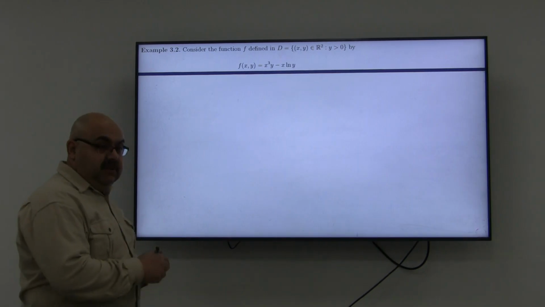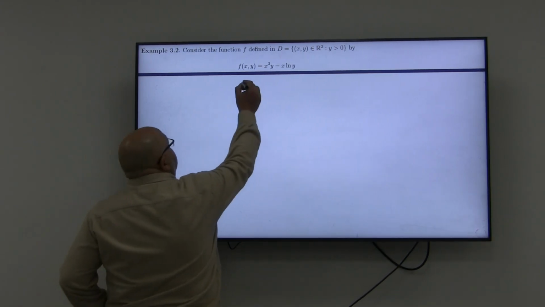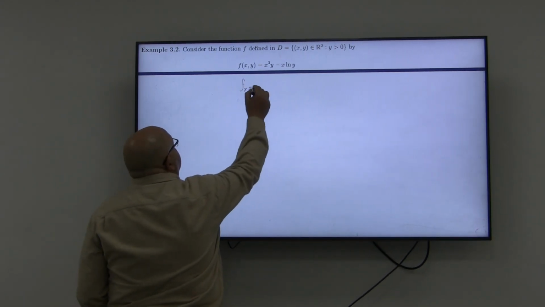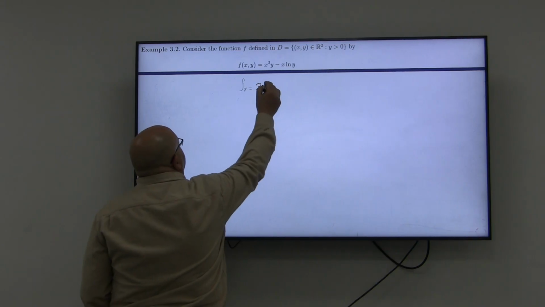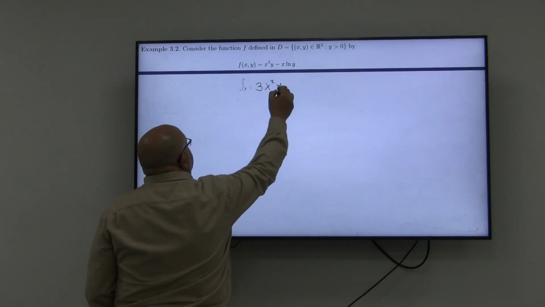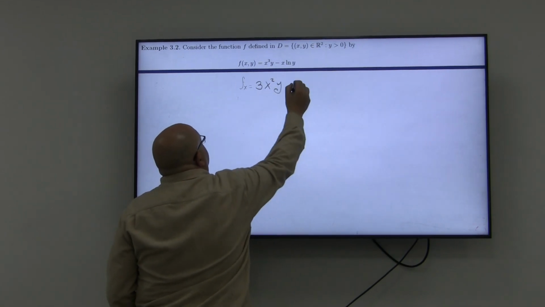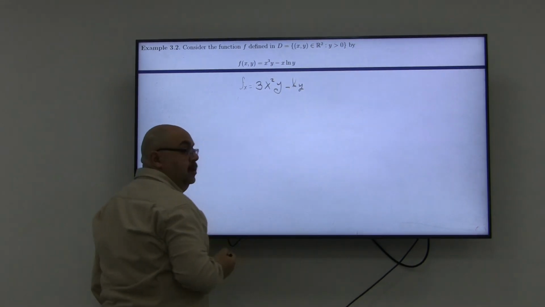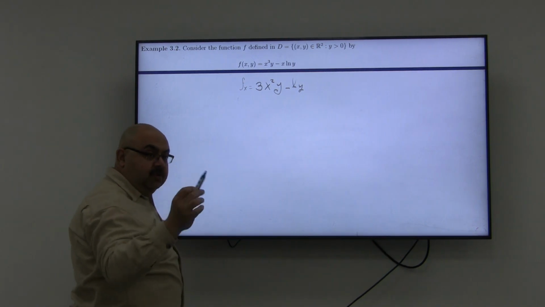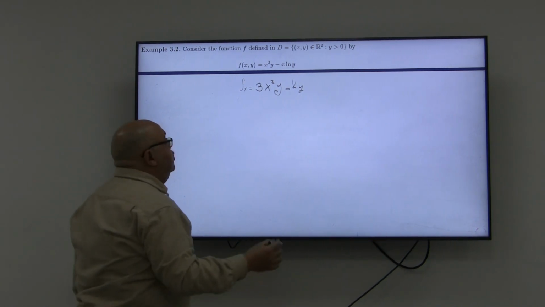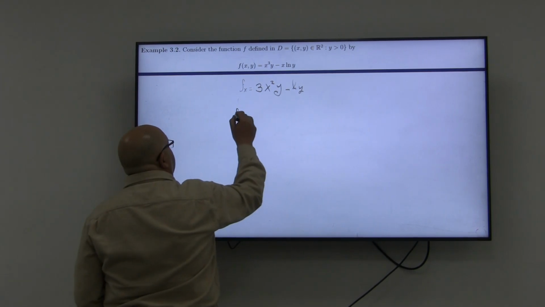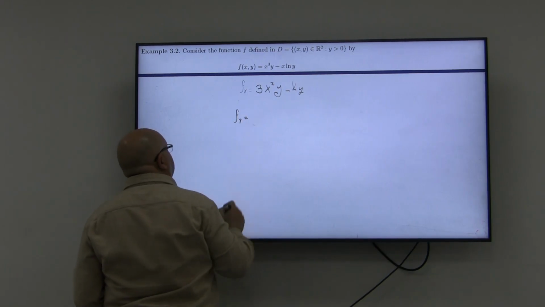Partial f partial x is really very simple. So f sub x is going to be 3x squared y minus, differentiating with respect to x, zero over ln y. This is differentiating x, considering y a constant. Can you do partial f partial y?